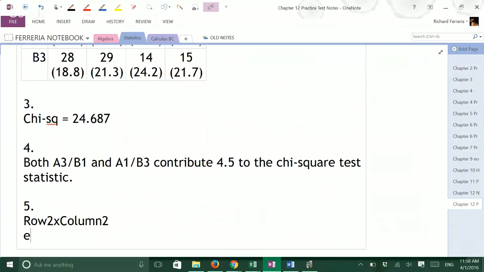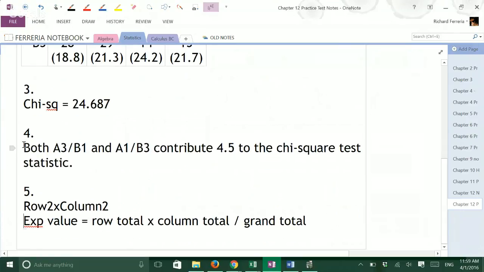The expected value is going to be equal to the row total times the column total divided by the grand total.